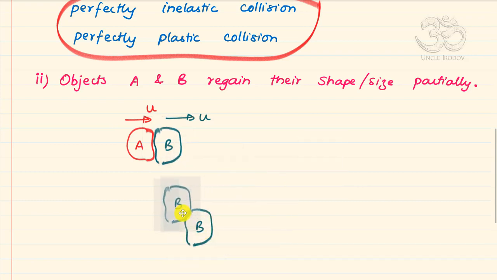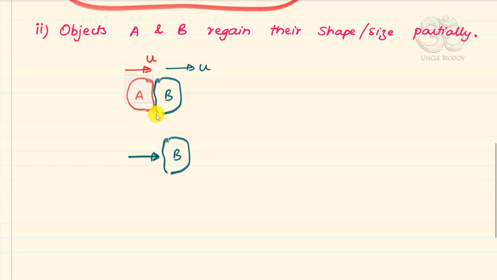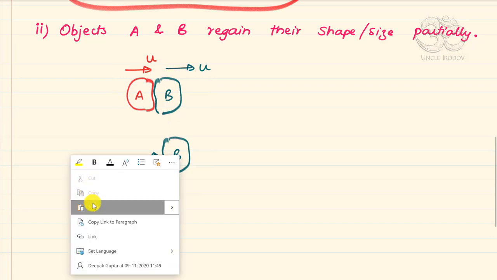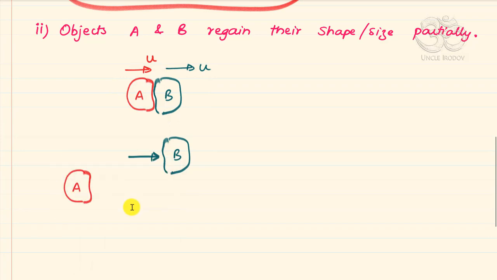So you will have this object B on which a force still acts in the rightward direction. And so what will happen is the speed of B will become more than U as time passes. And if you try to draw the FBD of A, you will see that the FBD of A will be looking like this, with a force in the backward direction, that same force.